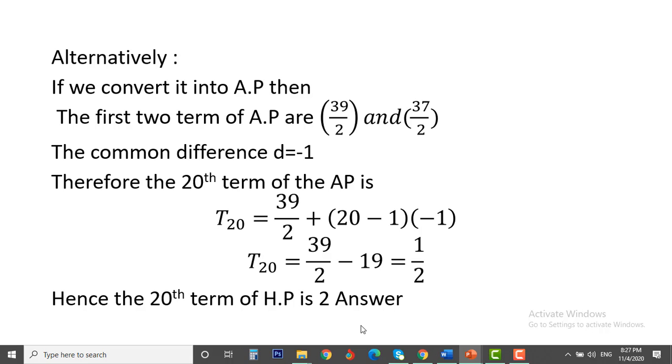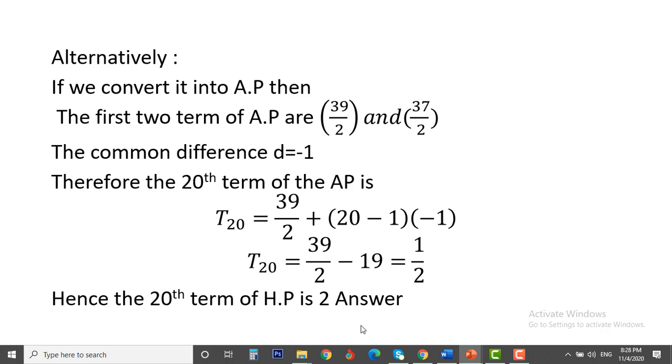So that means whenever any term of an HP is required and the sequence is given to you, you convert that sequence into an arithmetic progression by taking its reciprocal. Find the common difference between 2 to 3 terms so that it's confirmed that it's now converted into an arithmetic progression.